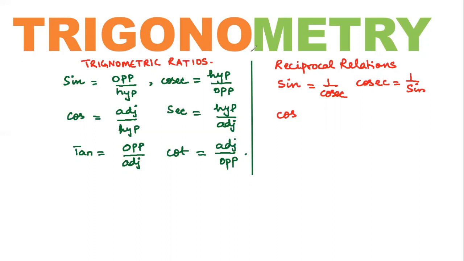Cos is equal to 1 by sec. Sec is equal to 1 by cos. Tan is equal to 1 by cot. And cot is equal to 1 by tan.